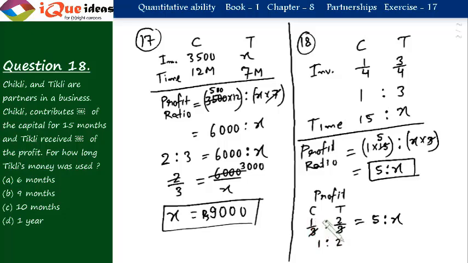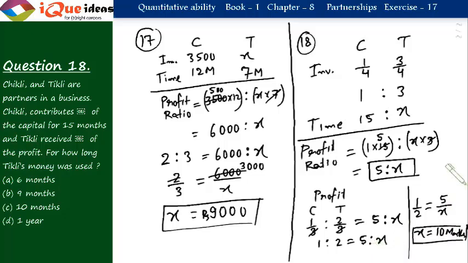So we have 1 is to 2 equal to 5 is to X. From here you can see 1 stands for 5, so 2 will stand for 10. Or you can calculate 1 by 2 is equal to 5 by X, so X is equal to 2 into 5, that is 10 months. Alright. So 10 months is the duration for which Tikli's money was used.